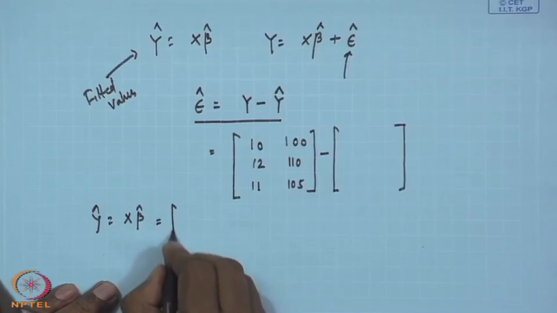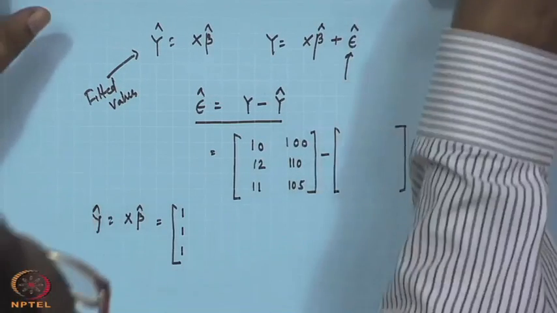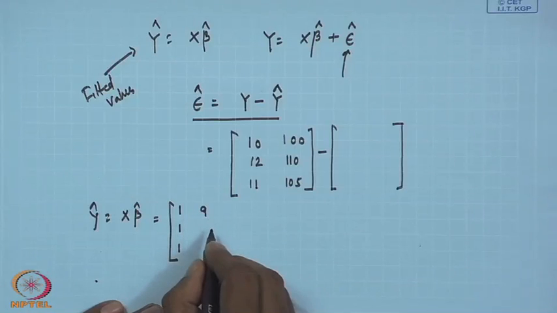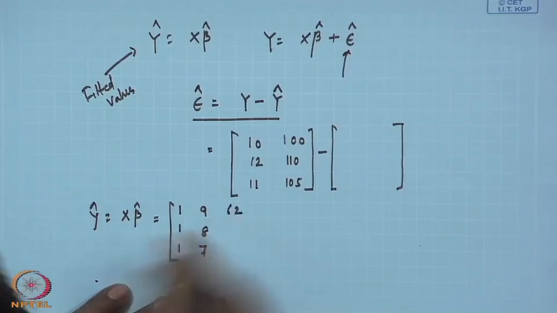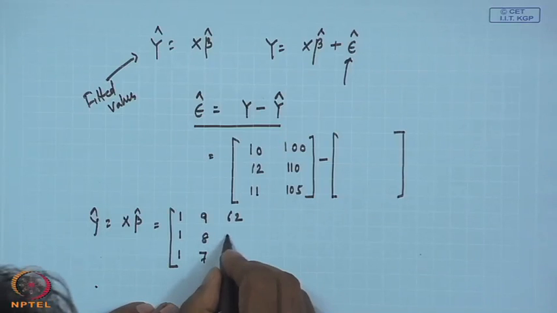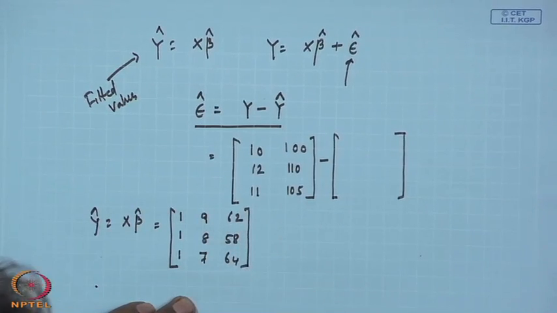Here x is 1 1 1, then if I go to the original data set, that is 9 8 7, then 62 62 58 and 64.